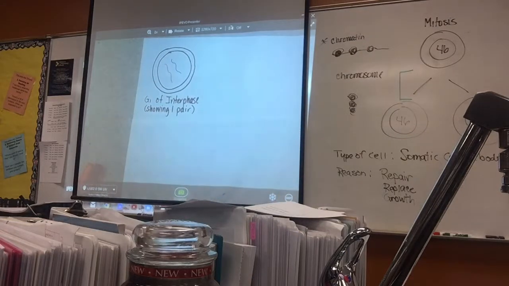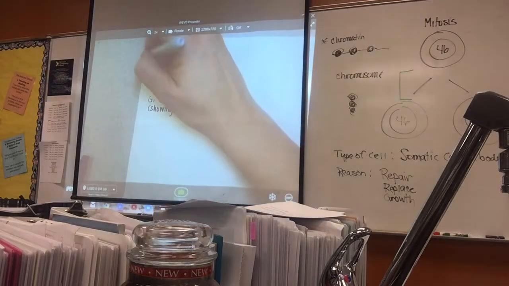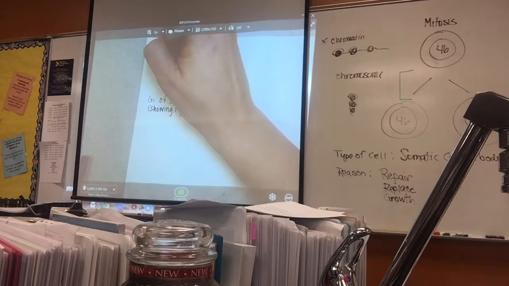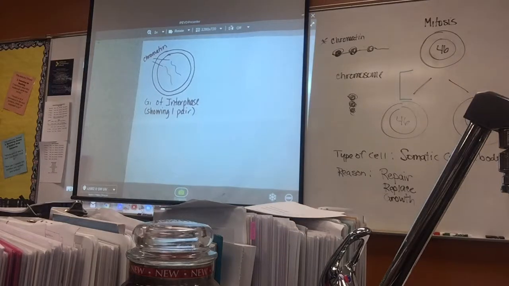Just like it would be hard to see a piece of sewing thread from the front of the room. So let's label this chromatin. There's a lot of vocabulary with this. There's chromatin, chromosomes, we'll talk about chromatids in just a second here.